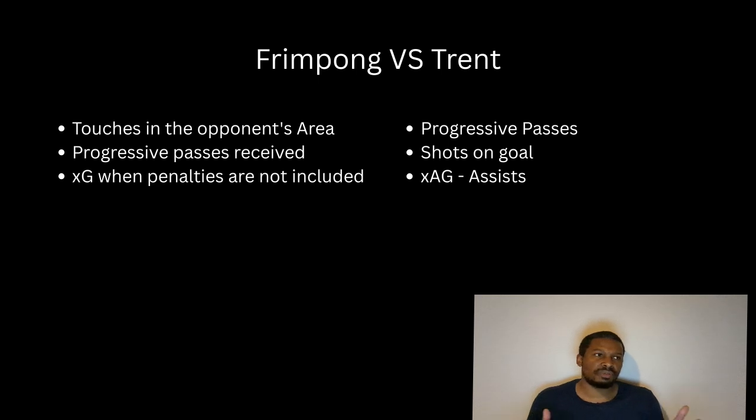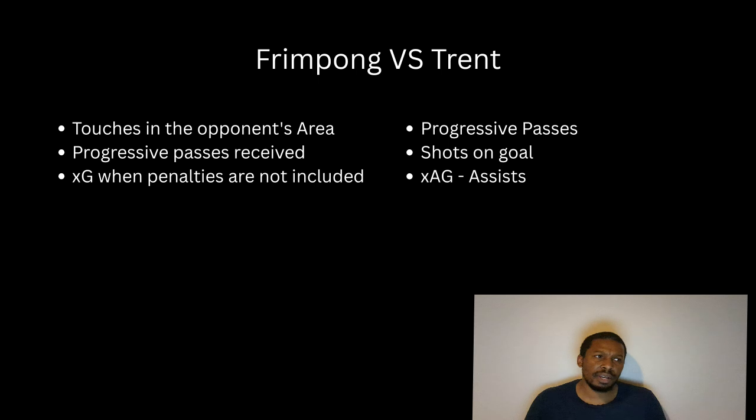Over the last season, Frimpong's top 3 stats indicate that he has high touches in the opponent's area, progressive passes received, which if you remember was something we attributed to wingers, and he also has a high XG when penalties are not included.